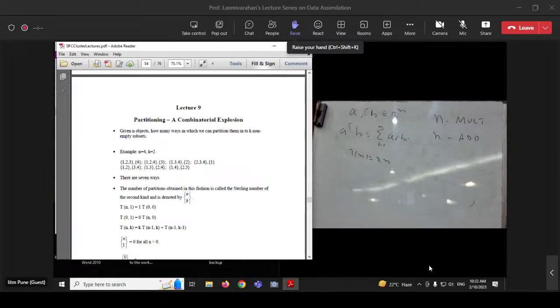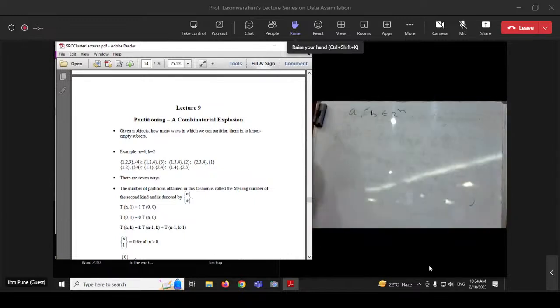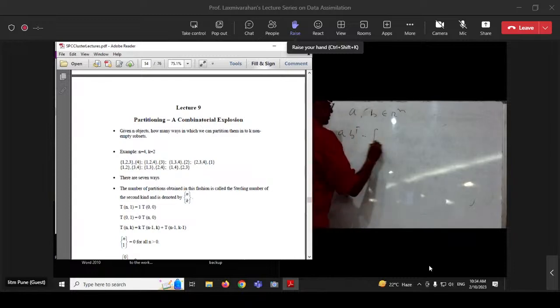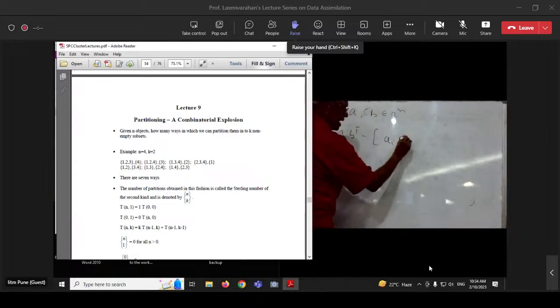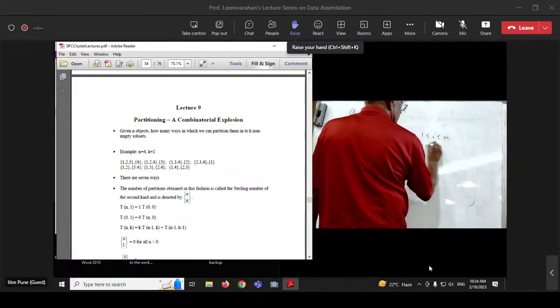Now let's consider the outer product. We saw the need for outer product in the last class. Do you remember? Yes. That's right. So if I have A B transpose, that is going to be a matrix, which is a_i b_j, 1 less than or equal to i, j less than or equal to n.